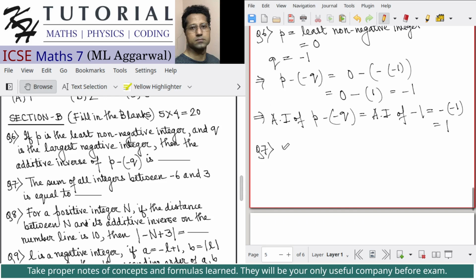The integers between -6 and 3 are -5, -4, -3, -2, -1, 0, 1 and 2. So these are the integers between -6 and 3. So we have to add them.